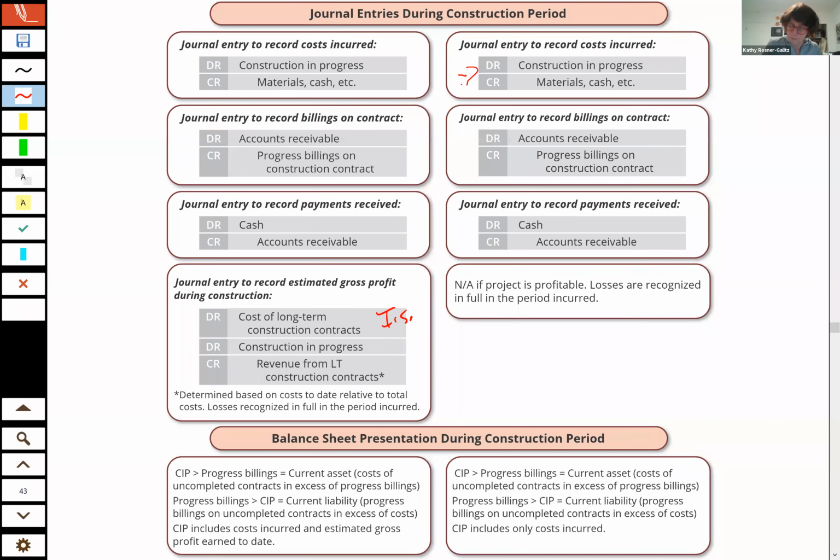Yeah. And then all we're doing here is taking some of that profit into construction in progress and recognizing the costs, and we have to have a matching against the revenue we recognize and the expenses today, right? Here's where I missed T accounts.